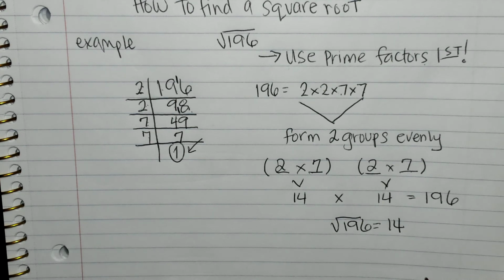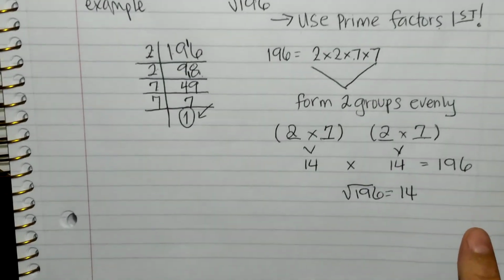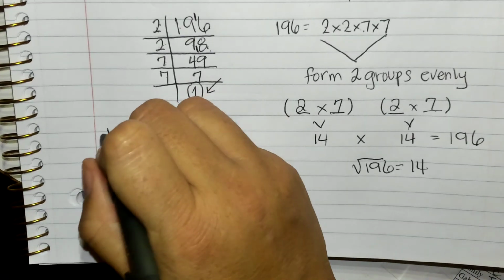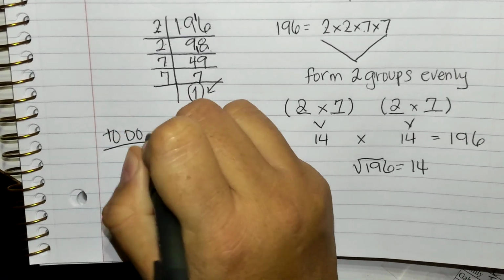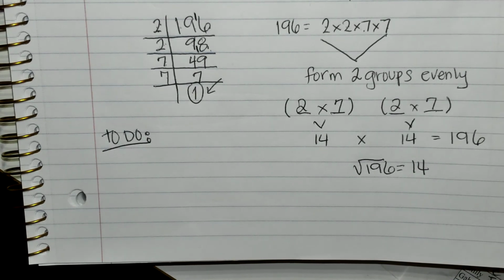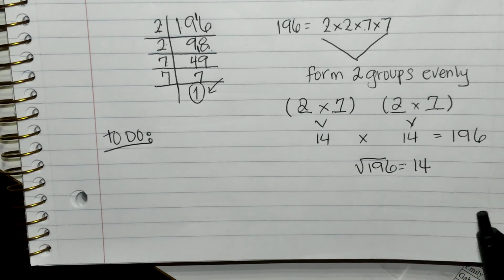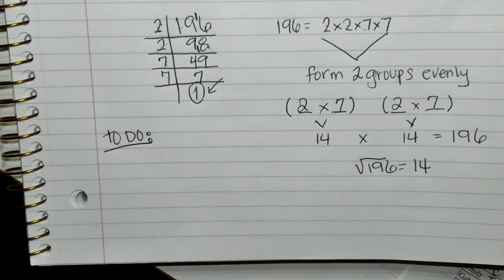Alright, so we're going to practice this for sure, okay? But I'm going to give you a to-do that we already know the answer to, but that you're going to prove by making groups, by doing this method. Okay?